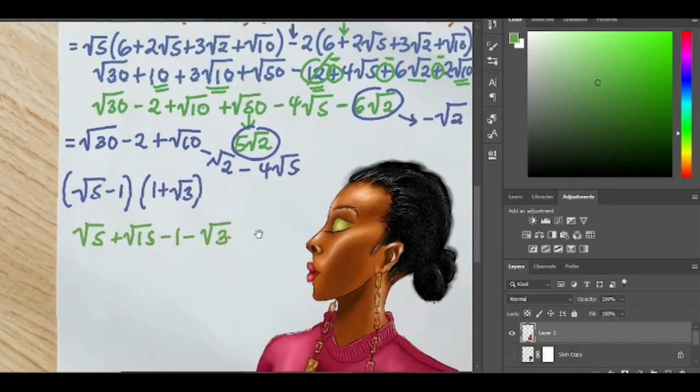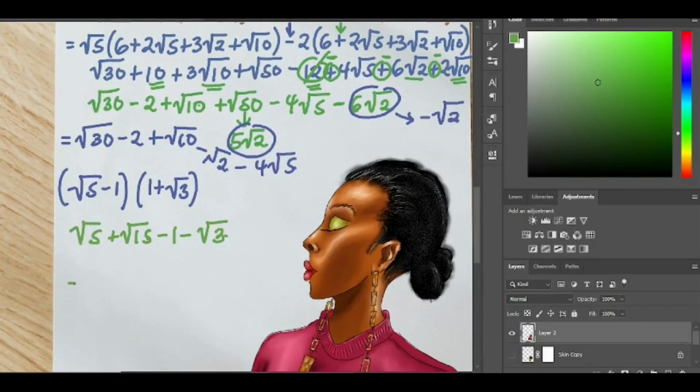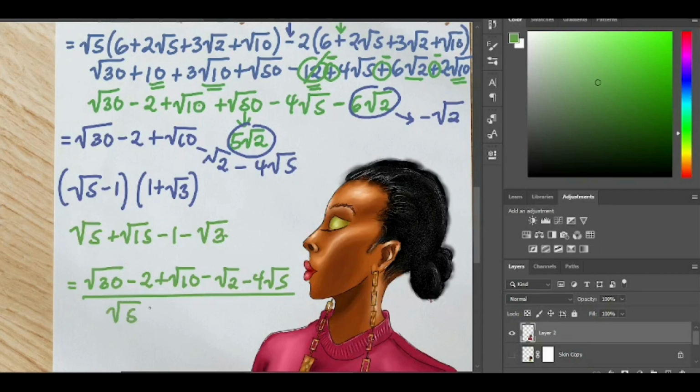So when I now write down my final answer, it's going to be root 30 minus 2 plus root 10 minus root 2 minus 4 root 5 over the denominator, which is root 5 plus root 15 minus 1 minus root 3.